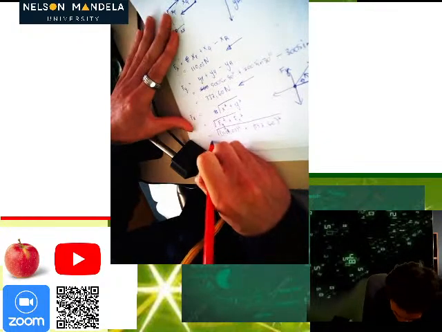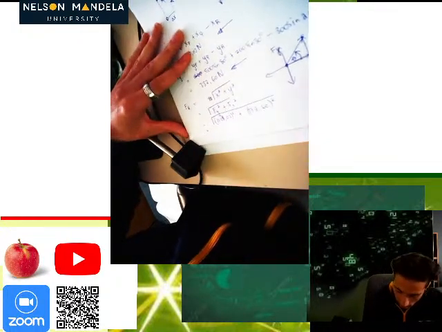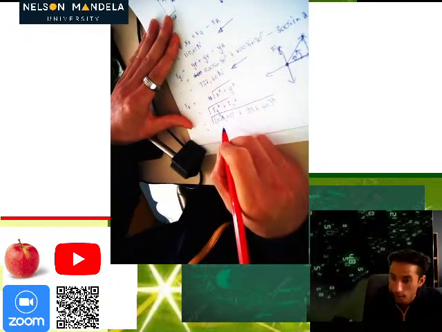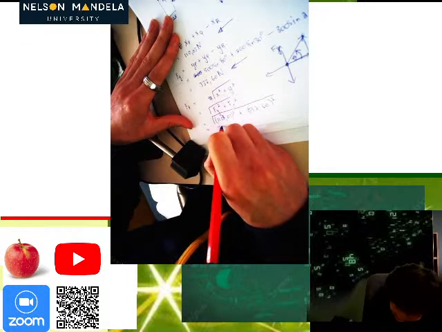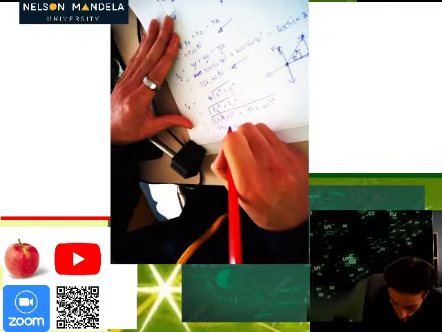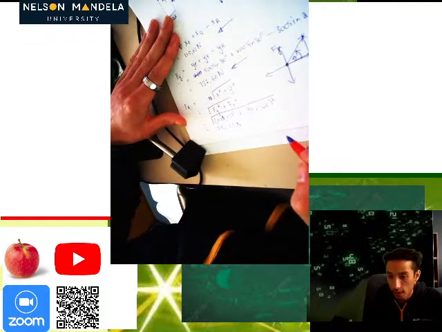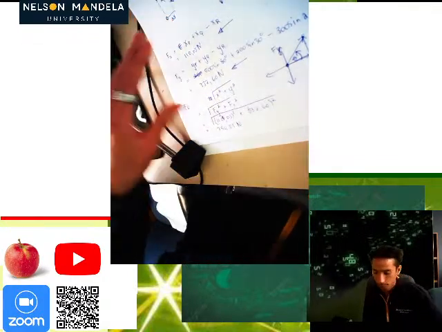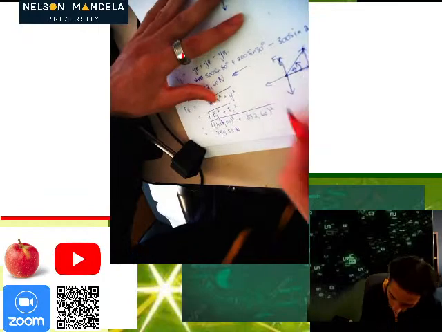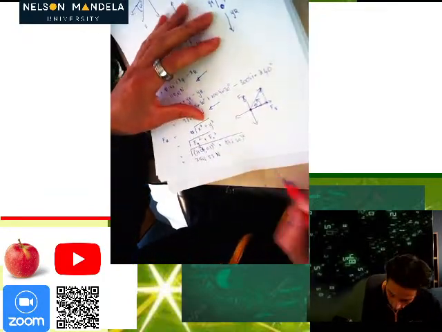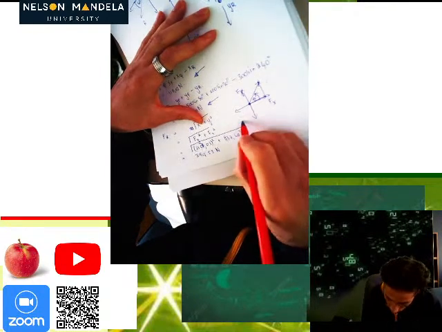I'm not representing the unit at the moment; I will represent that toward the end of the calculation. If you did that correctly, then the final output would be 350.33 newtons.